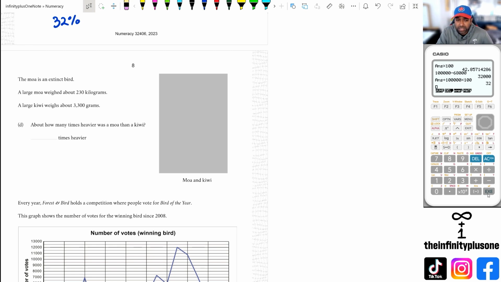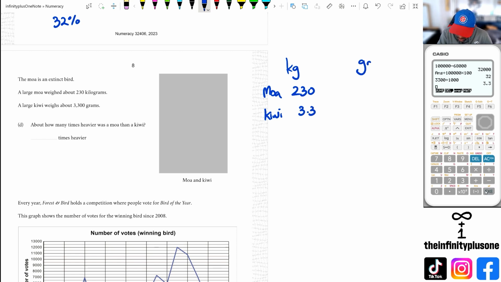The first step is we want to convert either all of your units to kilograms or all of your units to grams. If you're going to work with kilograms, then the moa is 230, and the kiwi is 3,300 grams. We know there's 1,000 grams in 1 kg, so we can go 3,300 divided by 1,000, which gives us 3.3 kgs.